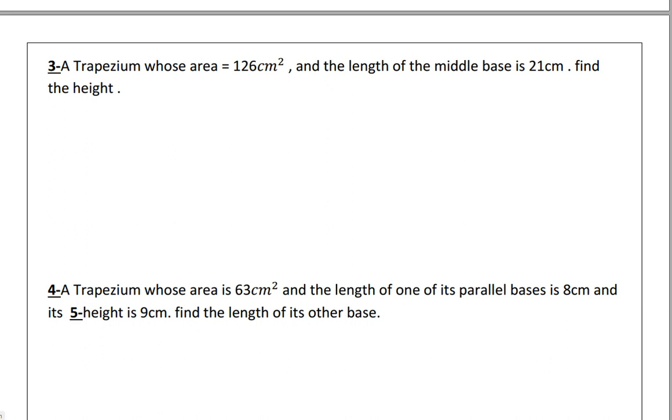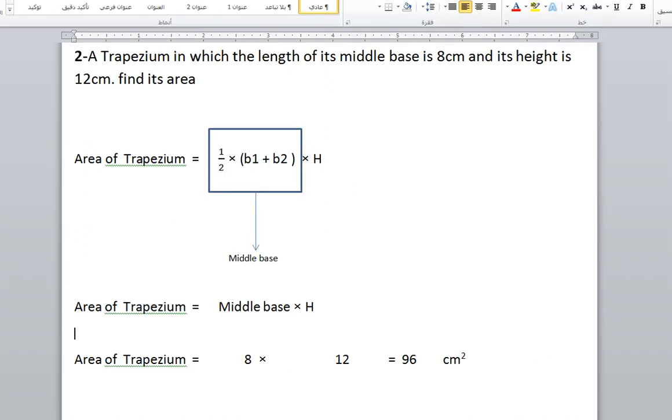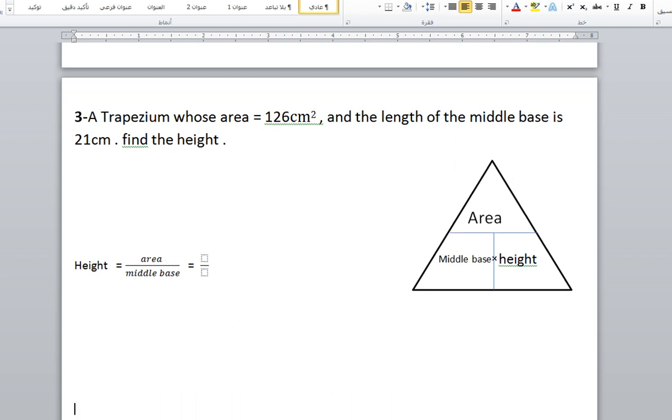Okay, so in example number 3 here, we can use the magic triangle. So we'll divide 126 over 21 and the answer is 6 centimeters.